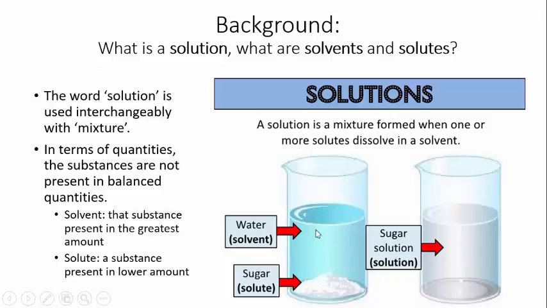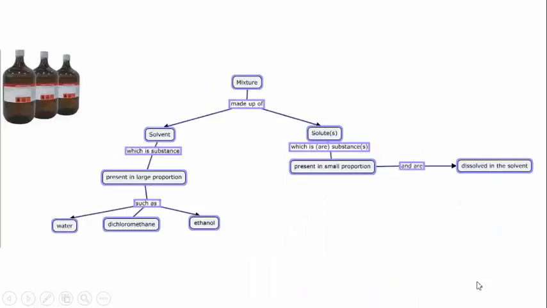Like in this example, water is the solvent if we put a gram or a teaspoon of sugar into water. That mixture is 90+% water. We call water the solvent. And conversely, solute is then used to refer to that component of the solution present in relatively smaller or lower quantity.